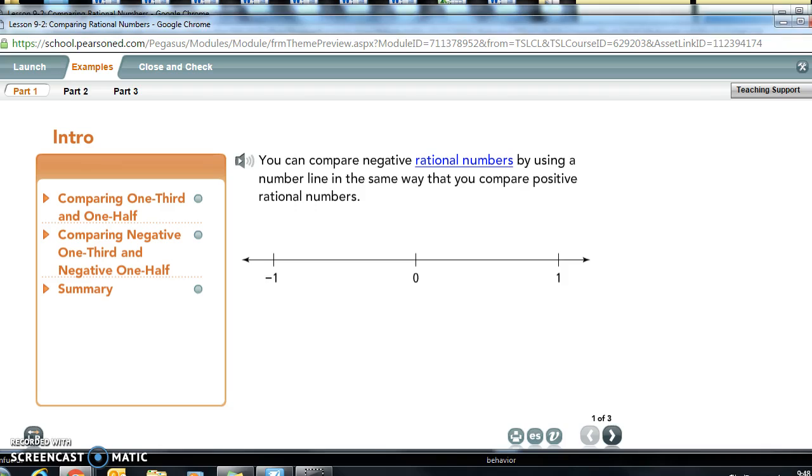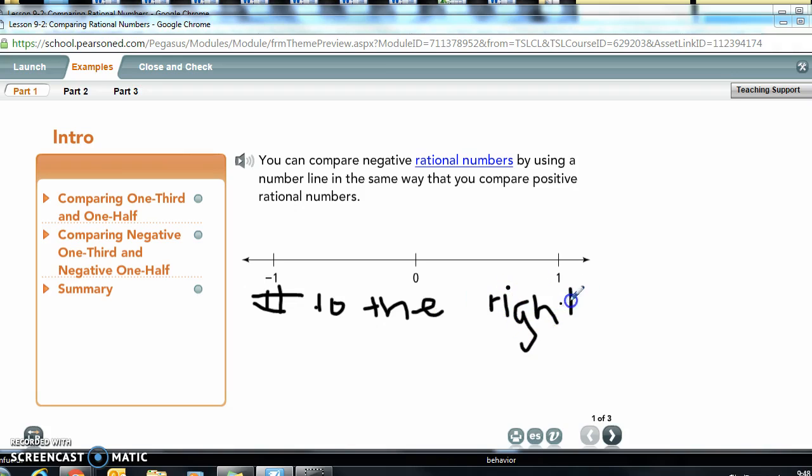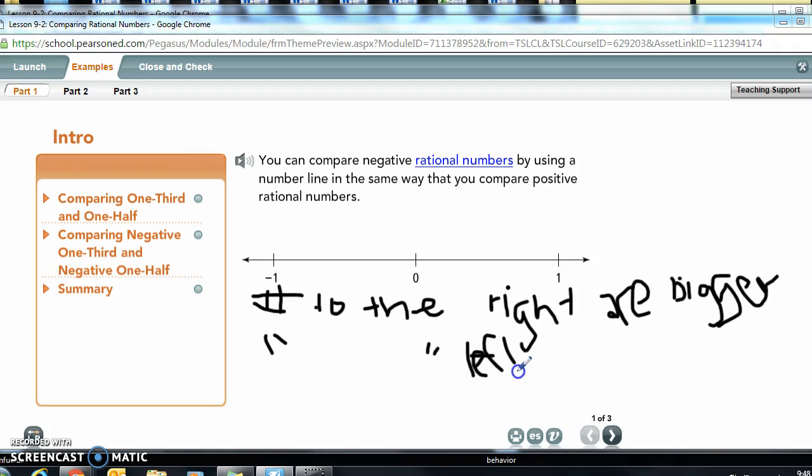I want you to write numbers to the right, don't mind my handwriting, are bigger and numbers to the left, okay, go and write it out. I'm going to do this. Numbers to the left are smaller.